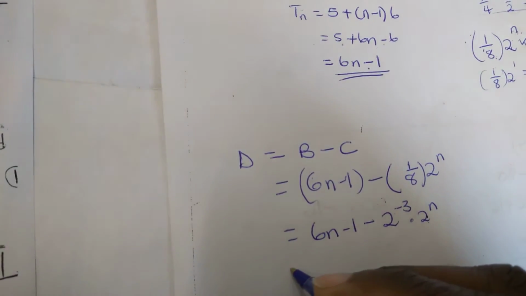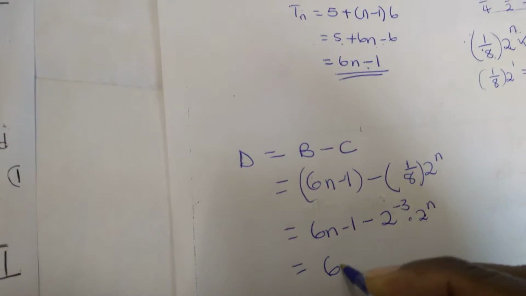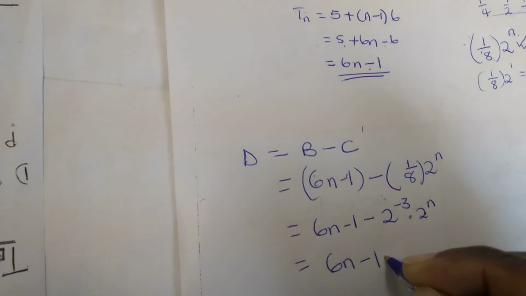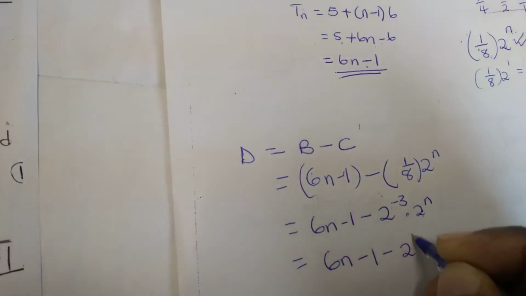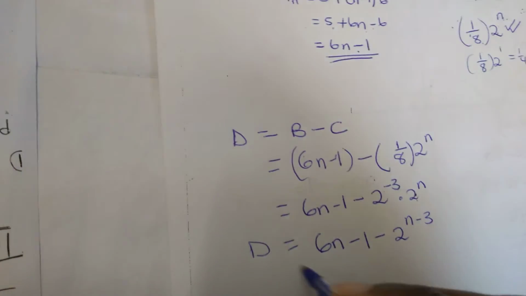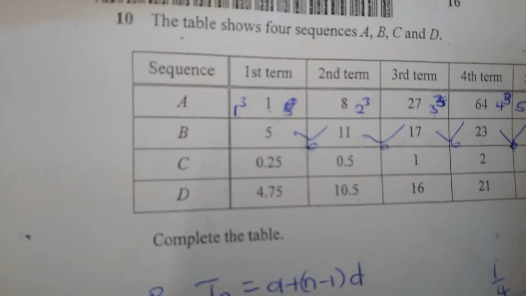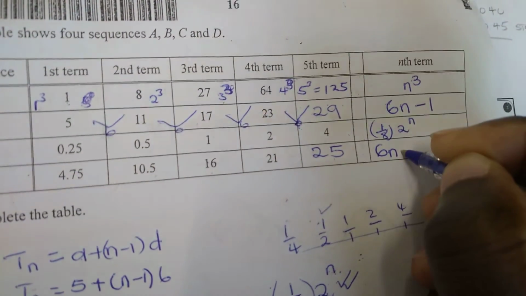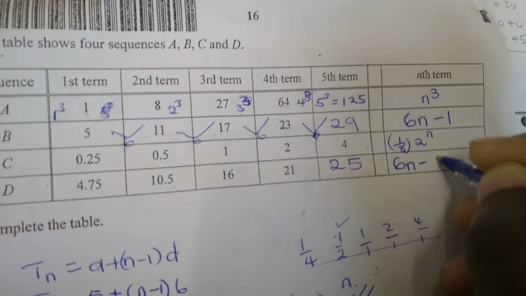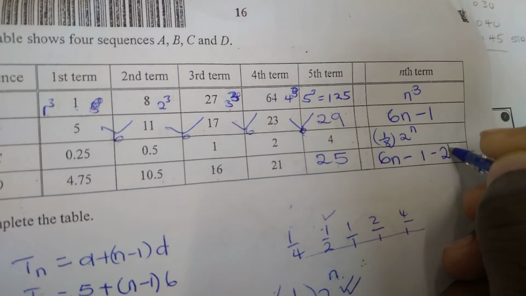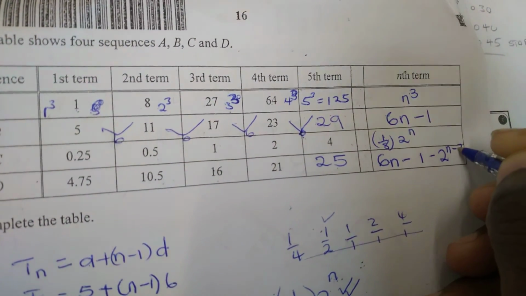We can go ahead to finally write 6n minus 1 minus 2 to the power n minus 3. So this is sequence D. You can write it down there. So this will be 6n minus 1 minus 2 to the power n minus 3.